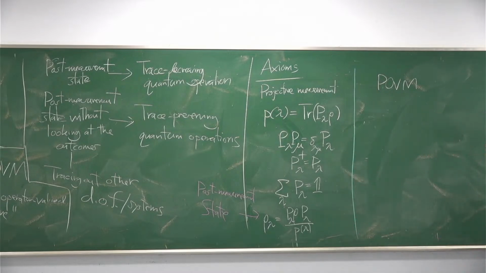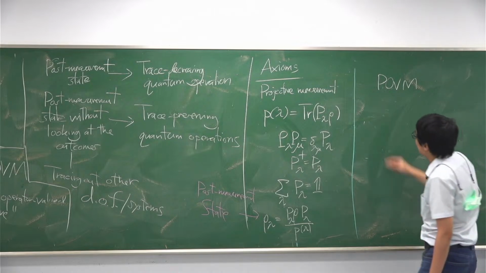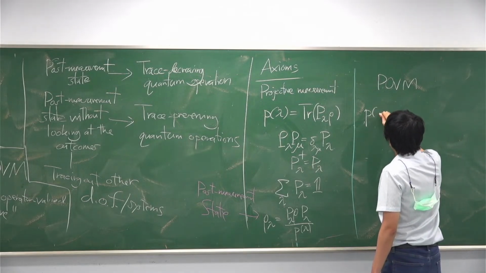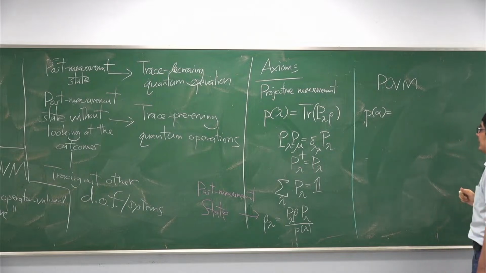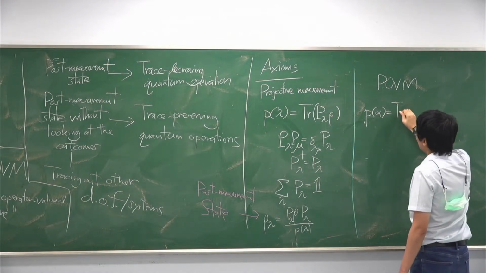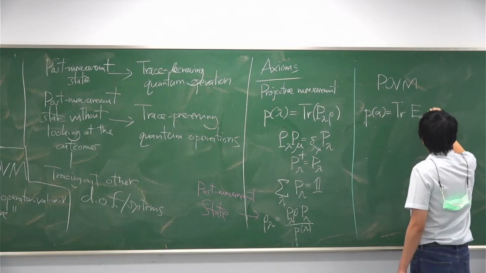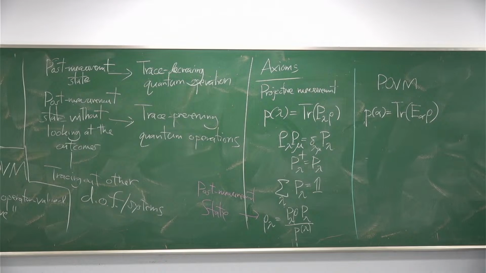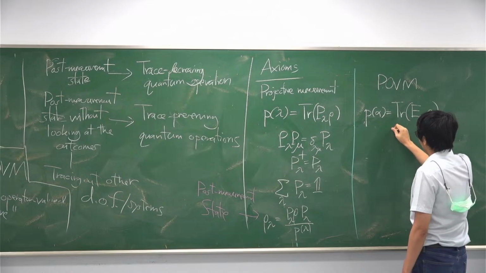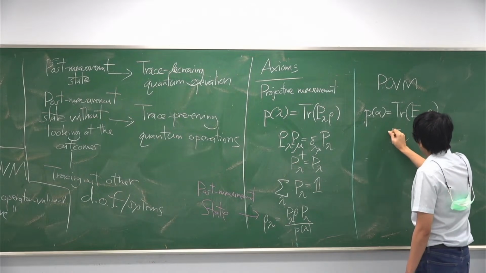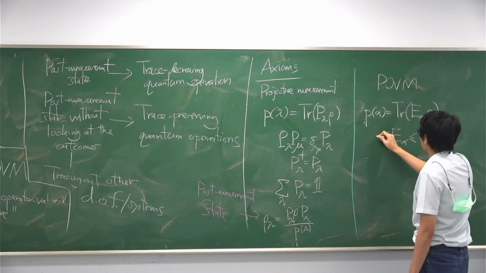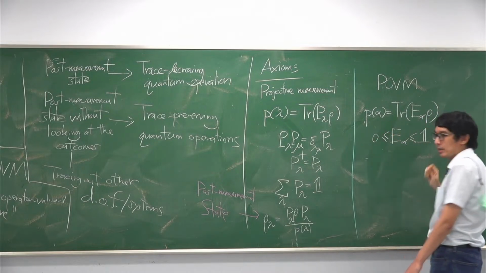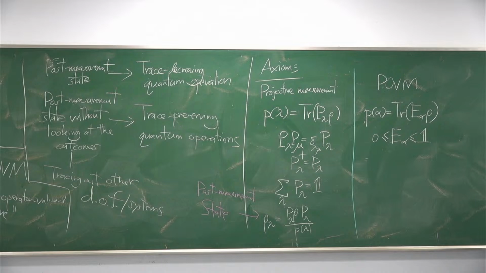For POVM, the probability to obtain an outcome alpha will also be obtained by taking the trace. But this E will be an arbitrary positive operator that is less than one in a sense.